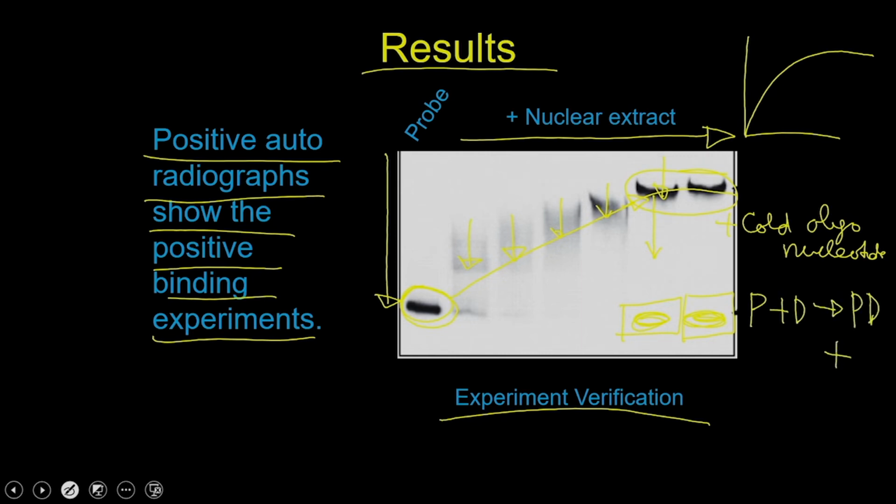This probe is radio labeled, which is why you have a radio-labeled complex. But if you add the DNA which is not radio labeled, the protein is going to be fractionated between the labeled probe and the unlabeled probe.